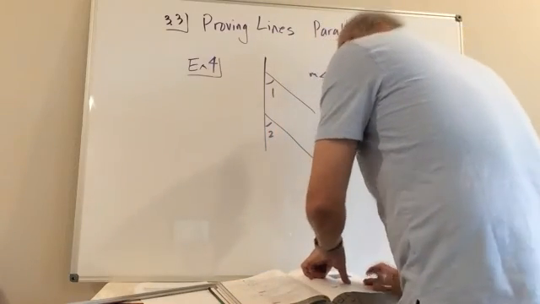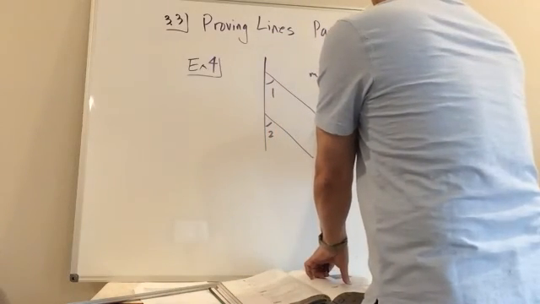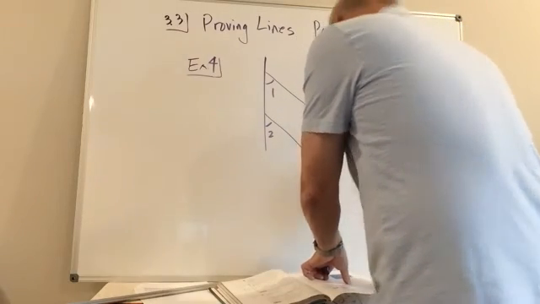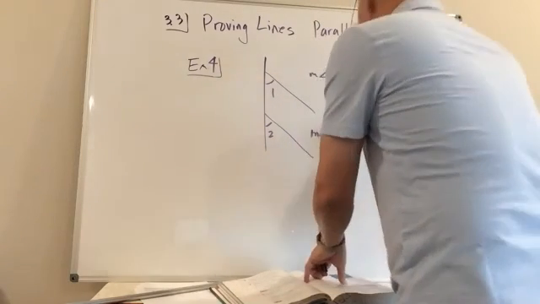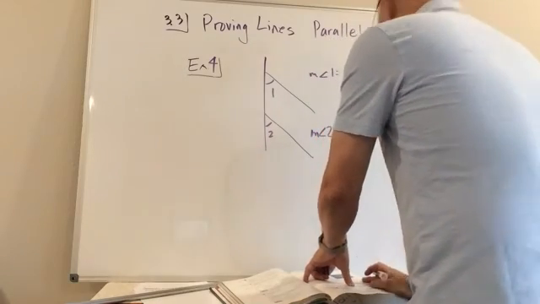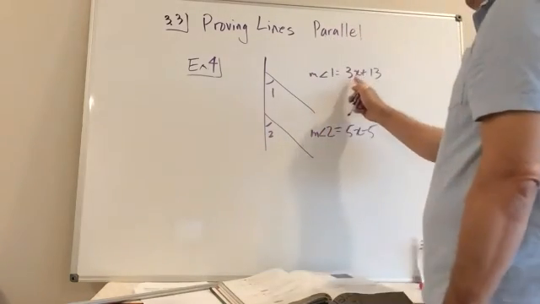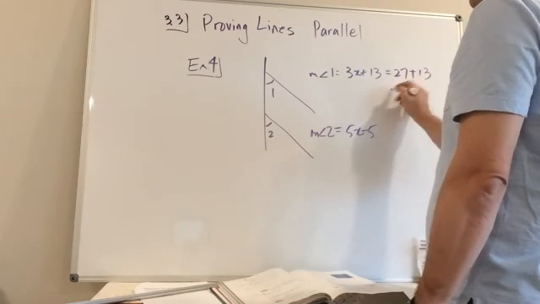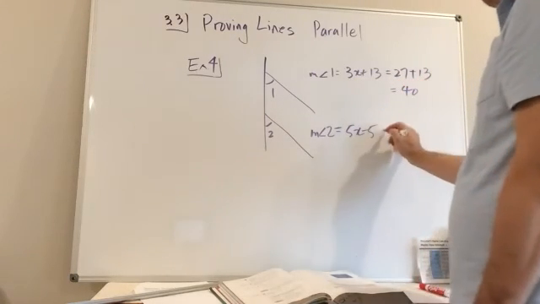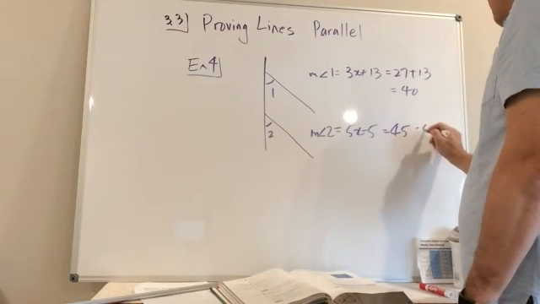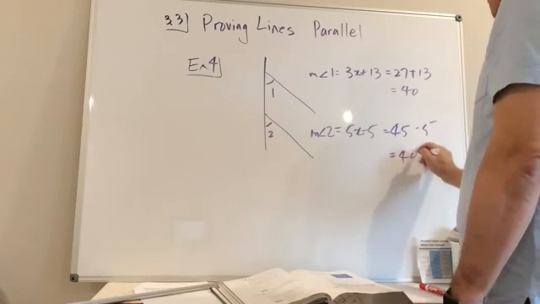So 1 and 2, and I'm given that angle 1 is equal to 3x plus 13, and angle 2 is equal to 5x minus 5. And I'm also given that x is equal to 9. If I put x equal to 9 here, what do I get? I get 27 plus 13, 40. X equal to 9 in here, I get 45 minus 5, and this is 40 also.